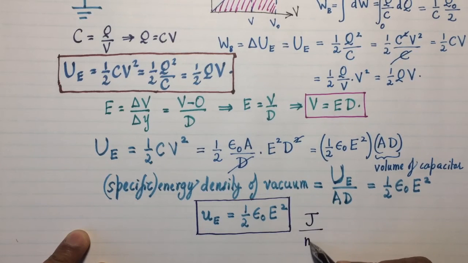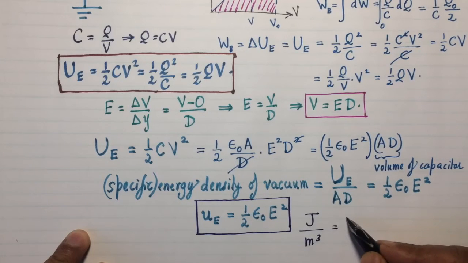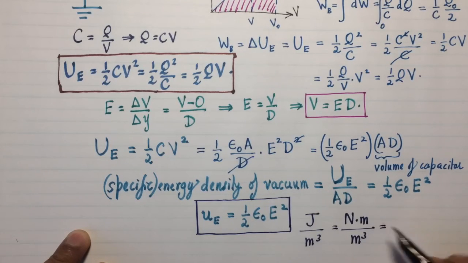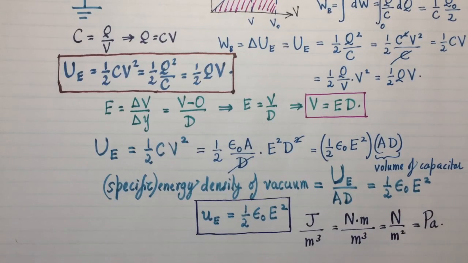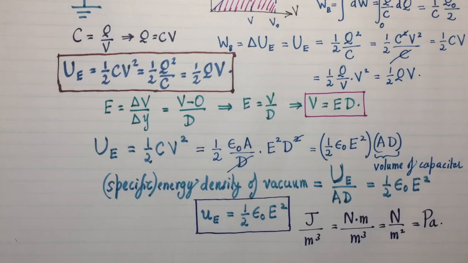Joules per cubic meter. Well, joules is just work, so that's newtons times meters, because that's force times distance, divided by meter cubed. And if I cancel out a meter, I get newtons per meter squared. Force per unit area is also called the pressure, and pressure is measured in units of pascals. That's an interesting concept.